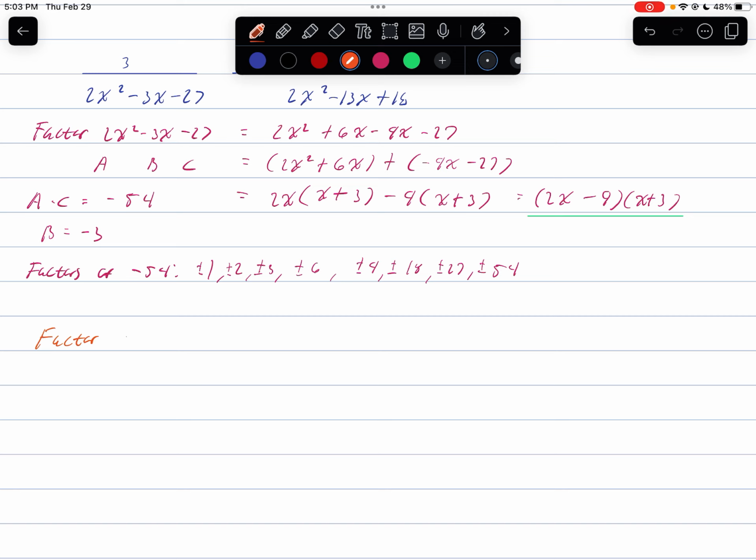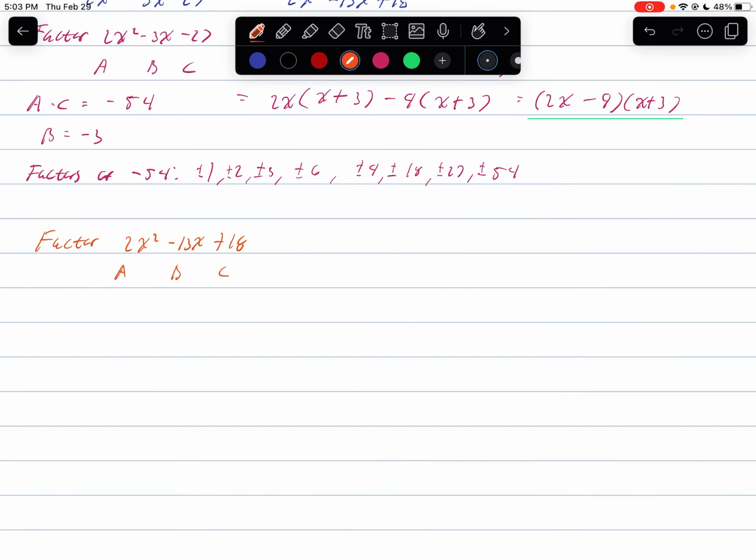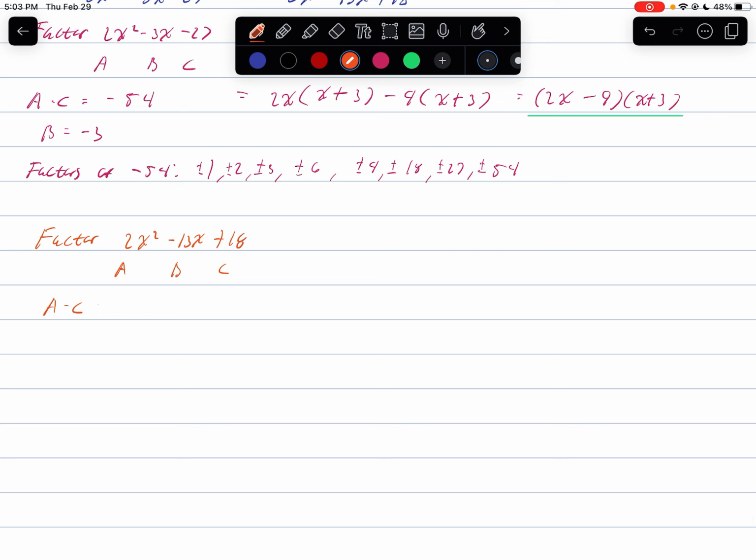Let's go ahead and do the AC method again, where this is A, B, C. So A times C, 2 times 18, that's going to give us 36. And B is equal to negative 13.